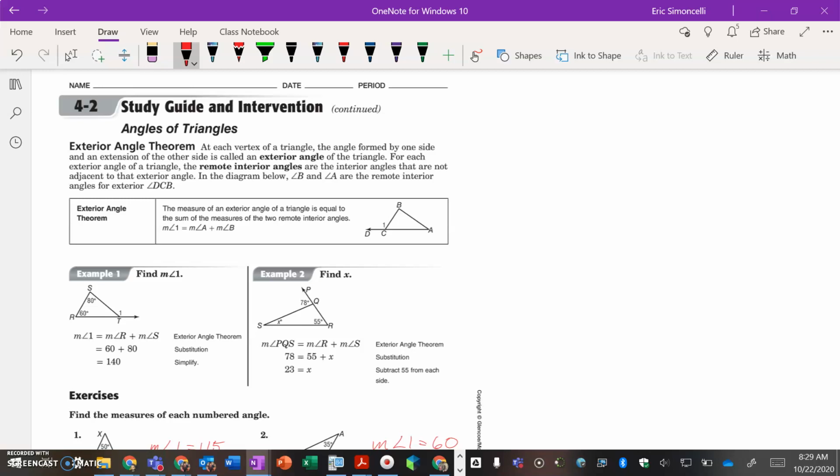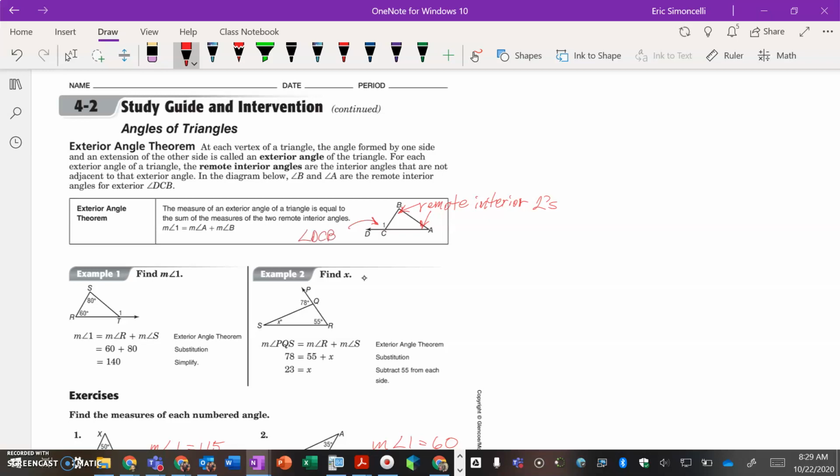In the diagram below, angle B and angle A are the remote interior angles. And then the exterior angle, given those two remote interior angles, would be angle 1, or as they also say, angle DCB.